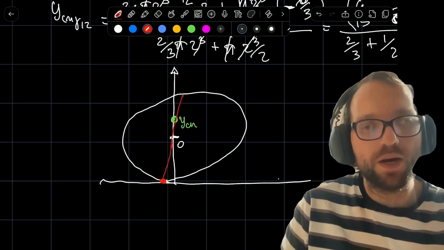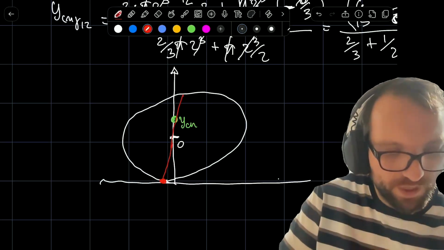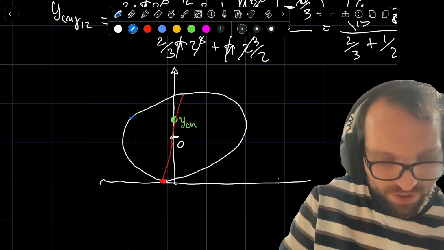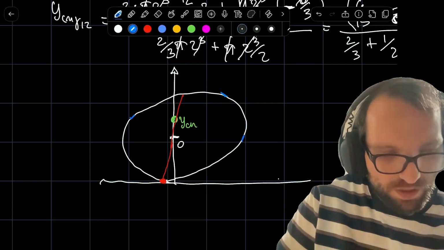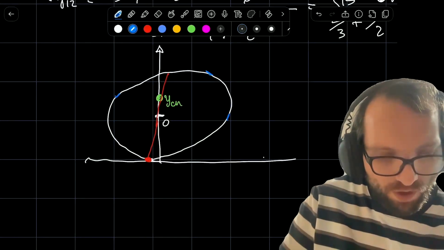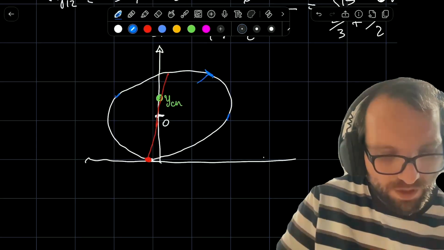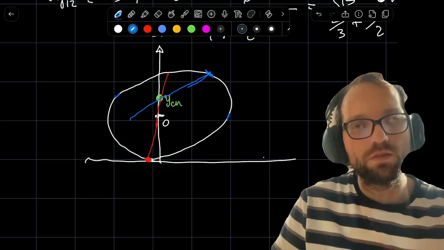If this is satisfied, the object is in equilibrium. So what we need is to find the points along this surface such that, if we trace the normal at the point on this surface, the normal will pass through the center of mass.